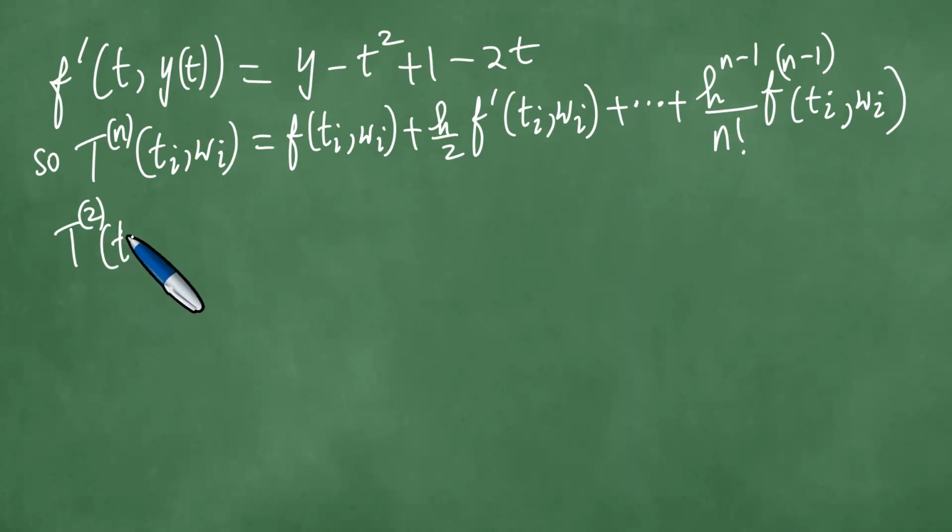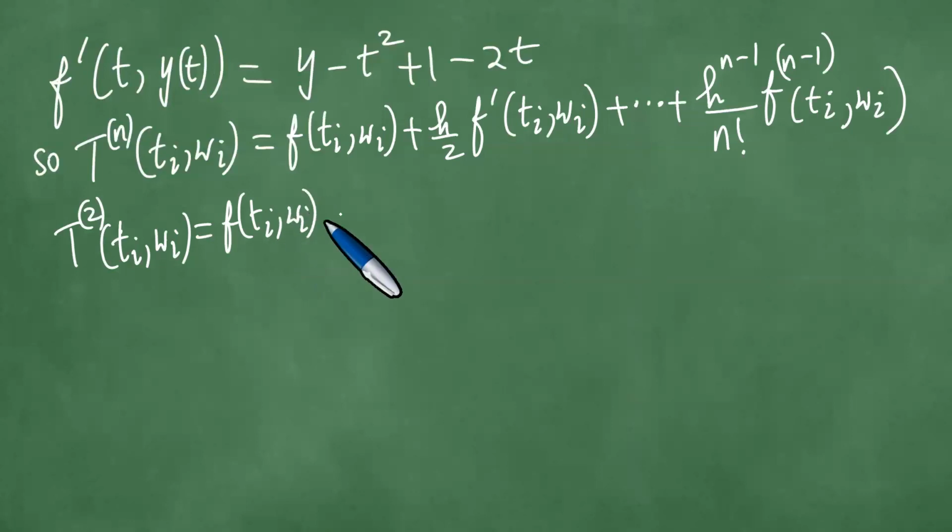Right, so obviously we're dealing with second order, which means we're going to have this one, which is h over 2.